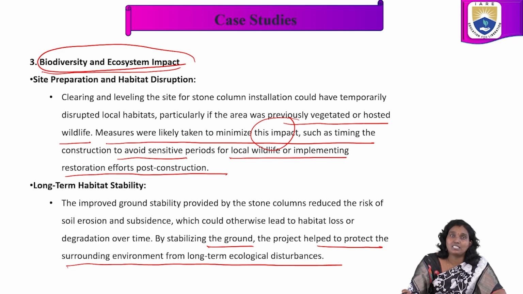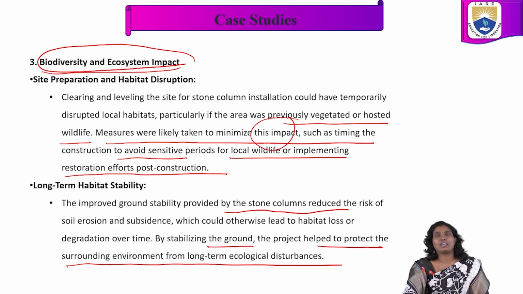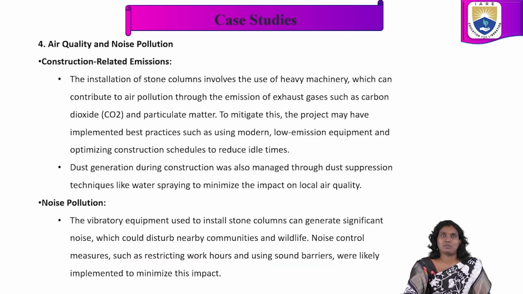Long-term habitat stability: the improved ground stability provided by the stone columns reduces the risk of soil erosion and subsidence, which could otherwise lead to habitat loss or degradation over time. By stabilizing the ground, the project helped to protect the surrounding environment from long-term ecological disturbance.